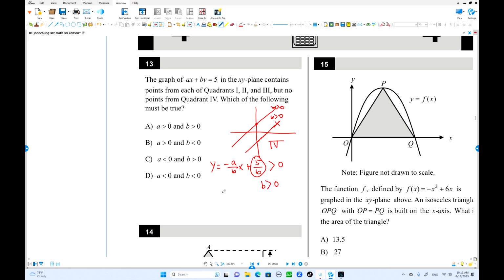If b is positive, the slope is negative a over b. To make it positive, a should be negative, right? Now the slope is positive, the y-intercept is positive. So a must be negative, okay? So a is less than 0 and b is positive. Choice C is the answer, okay?